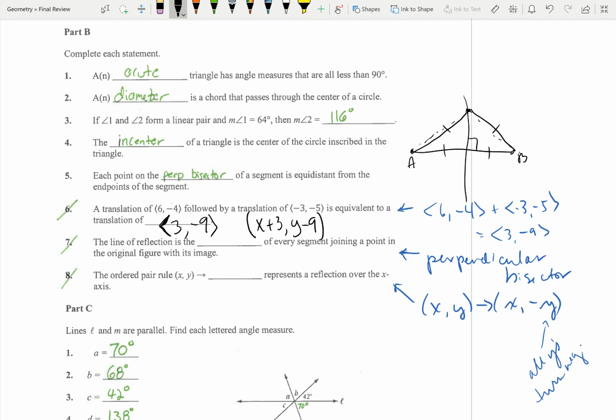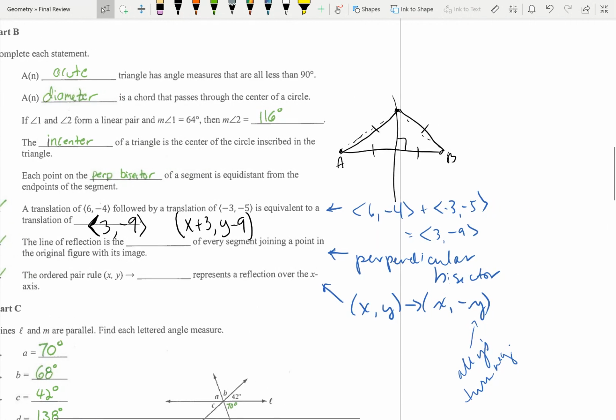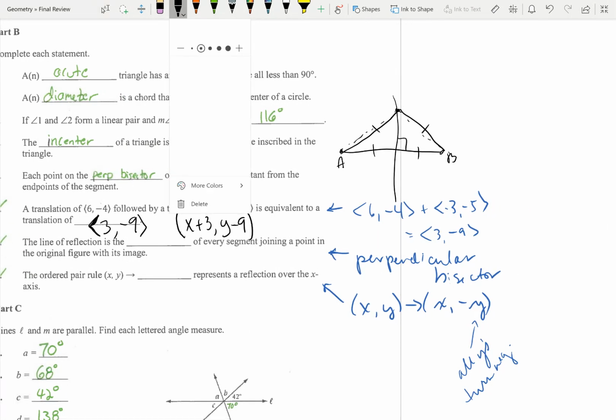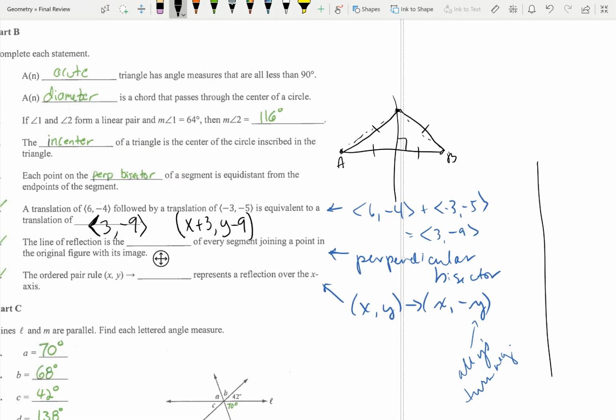Okay. Line of reflection is the blank of every segment joining a point in the original figure with its image. So the answer is perpendicular bisector. Now, why is that? Well, if you have a line of reflection and then you have its original point, let's call it A, and you reflect the point over the line, meaning you fold it, that point's going to land right here. We'll call that A prime. And then you can draw a dashed line segment in between.